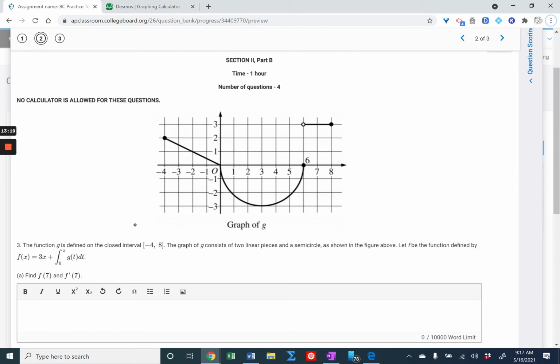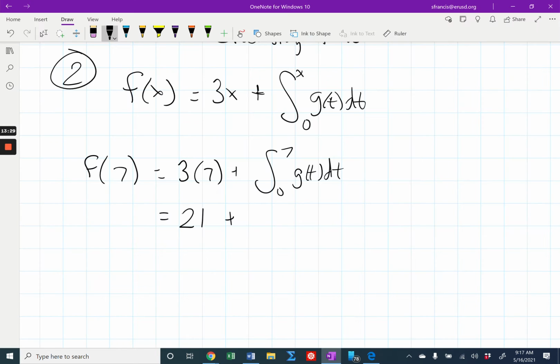This little part over here is just 3 times 1, so that's 3. The radius of the semicircle is 3, and so the area is going to be 3 squared times pi, but we got to take half of that because it's a semicircle and make it negative because it's below, plus the positive 3 there.